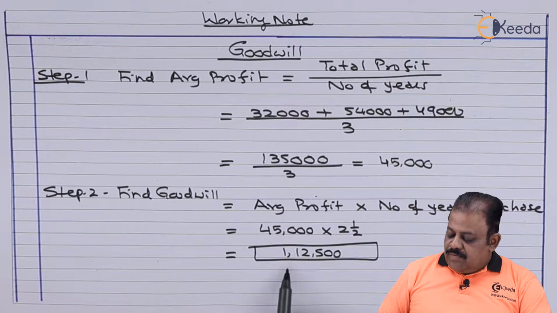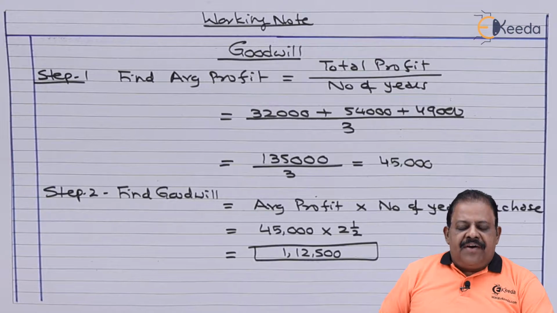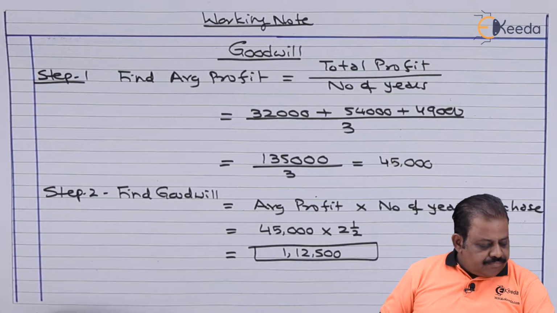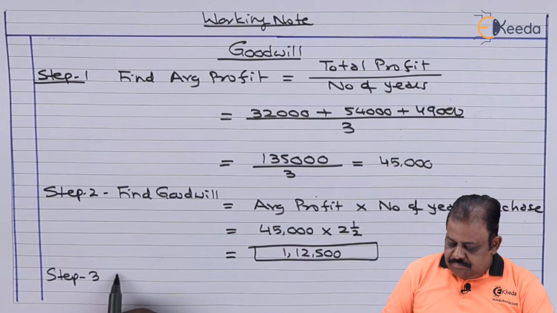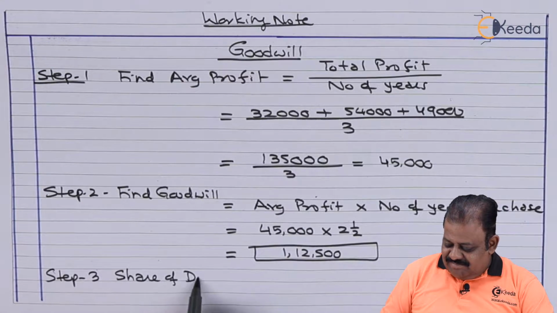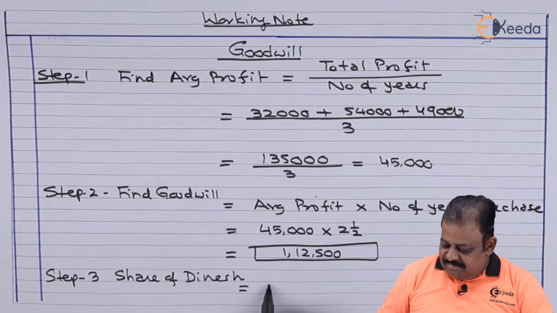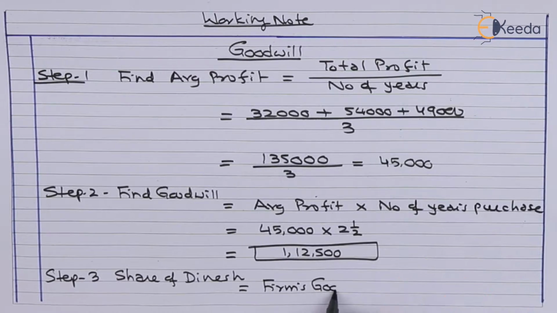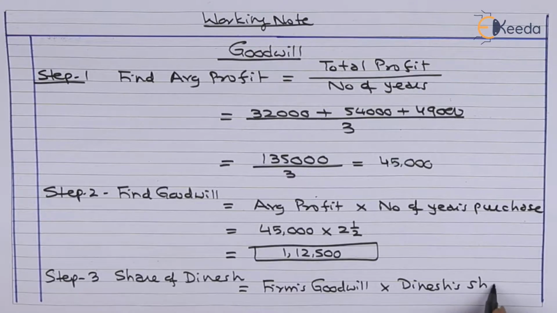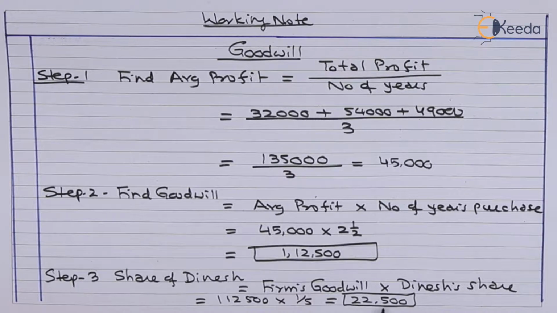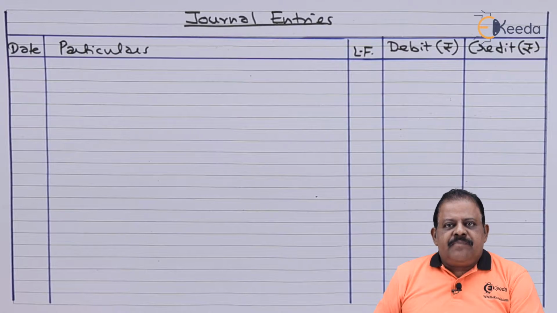So the amount of goodwill is 1,12,500. Now we are required to calculate new partner's share. Total firm's goodwill multiplied by Dinesh share. Share of Dinesh 22,500. Let us start with journal entries.